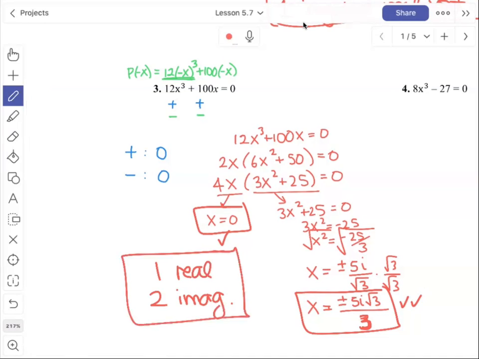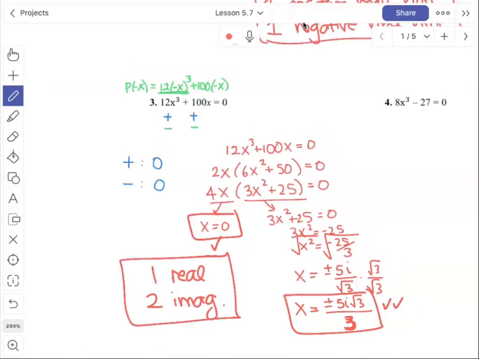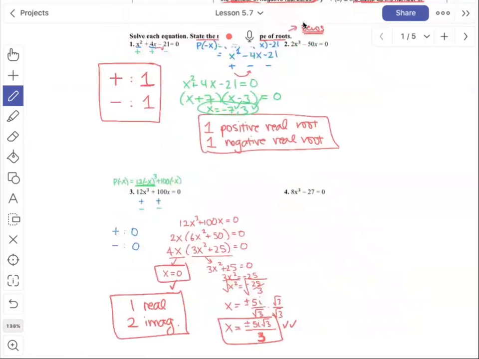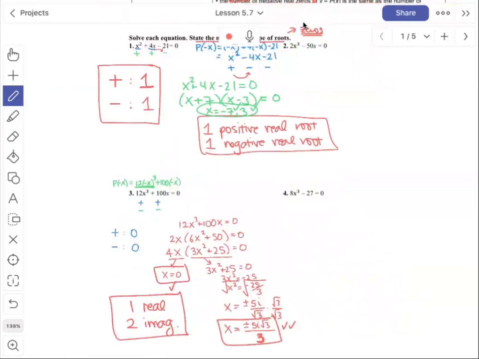So I'm just trying to prove to you guys that Descartes works, with those 2 examples. It's not a proof, but it's just to show you that it actually does work.